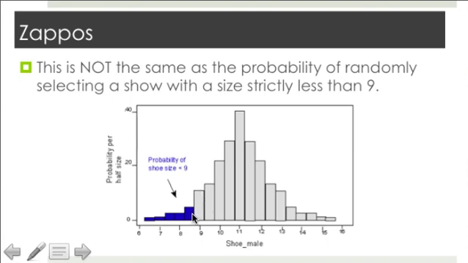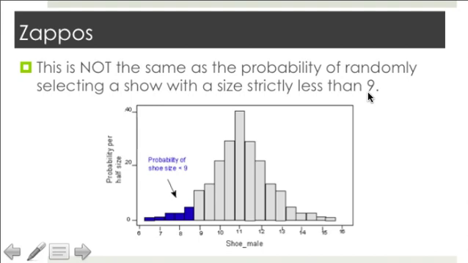So we'd look at just the ones that are strictly less than that, and then therefore we would get this smaller area here. So just keep this in mind. This is going to come back later. The area that we get from looking at strictly less than a particular value versus less than or equal to that same value are very different, or at least can be very different.